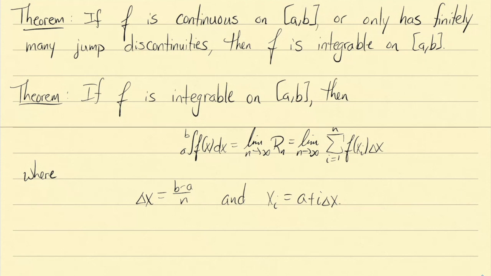If you mix together the theorem here and the theorem here, then you can see that as long as your function f is sufficiently nice, where that means either it is continuous or it only has finitely many jump discontinuities on the closed interval from a to b, then we can always compute the integral from a to b of f by computing the limit of the right endpoint sums. So now that we know how to compute the integral for some nice continuous functions, let's think about some properties of the definite integral.